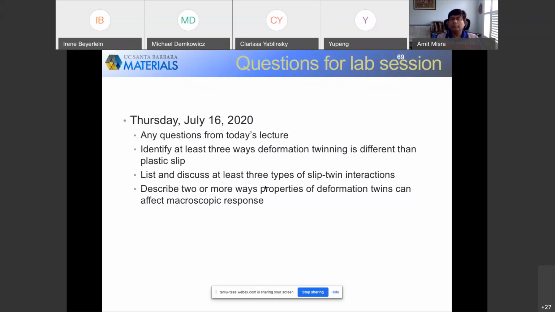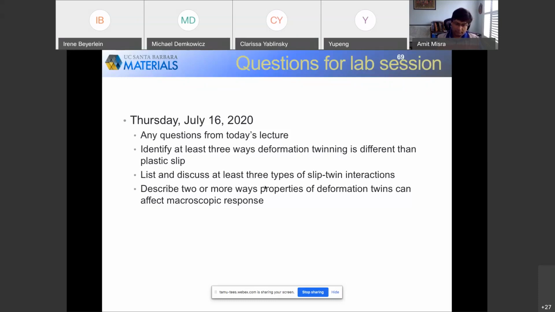The fortunate thing about twins is that they are precise in their misorientation, and so the way to identify twins is by the twin matrix orientation relationship across their boundary. So it is not based on shape.